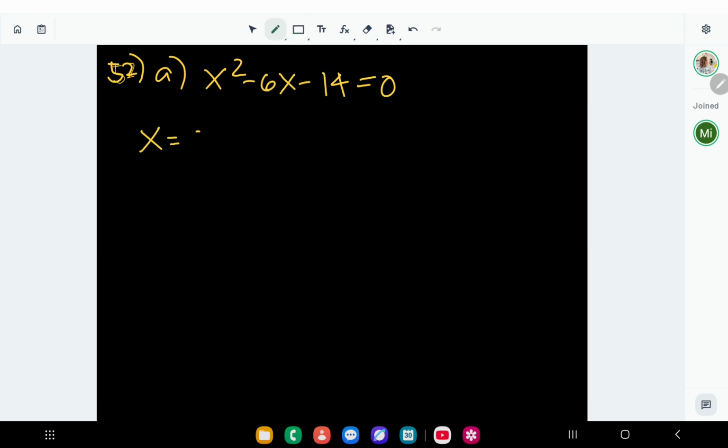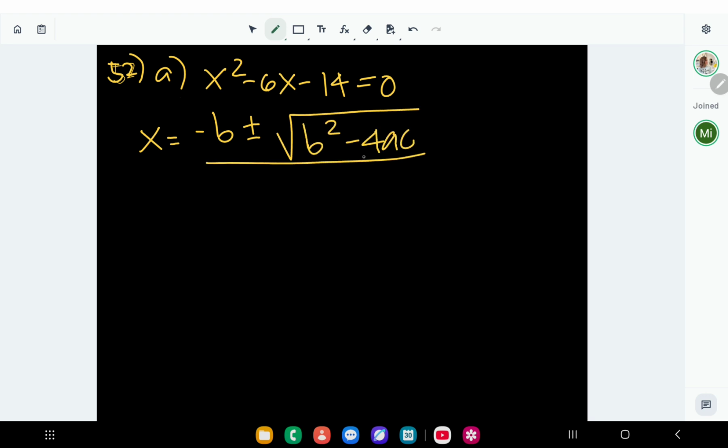So x is equal to negative b plus minus square root of b squared minus 4ac over 2a. So you identify your a, b, c. What is a here? No, a is 1. These are the coefficients. Take note of that.